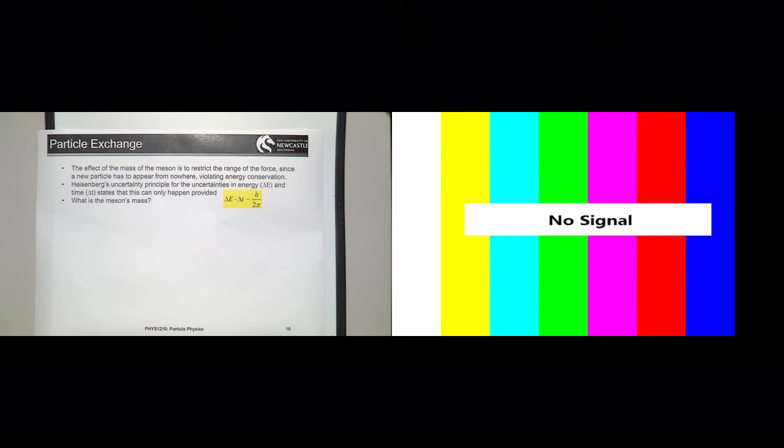Now, photons don't have any mass, but it was assumed that the meson does have some mass, and that means that the strong force, this strong nuclear force that holds the particles in the nucleus, only acts over some short range.